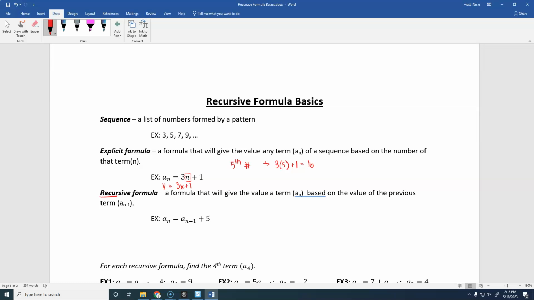It comes back. Happens over and over and over again, right? So a recursive formula is a formula that gives you a number based on the number that was before it. So, for example, a sub n equals a sub n minus 1 plus 5.